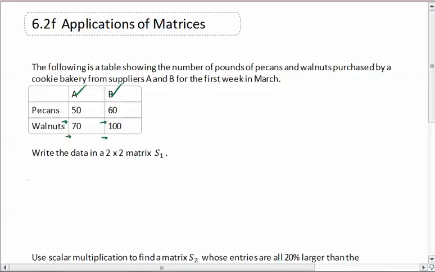Okay, that should be these data. Go ahead and put this in here. Come on, pen. There we go. Okay, write these data in a 2 by 2 matrix, S1. So let's go ahead and do that. S1 is going to look like this: 50, 60, 70, and 100.